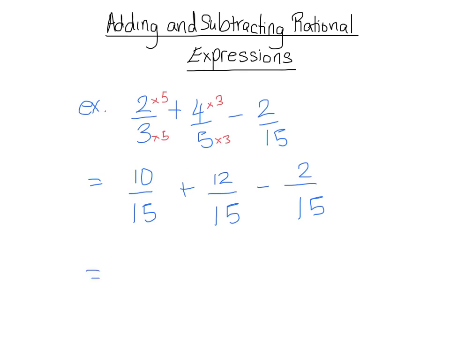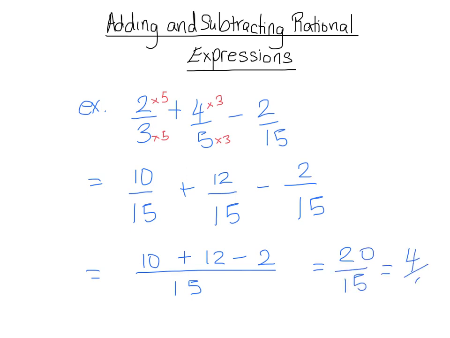At this point, now that we have everything over 15, we can just have everything over one nice, beautiful, big 15. And it's really 10 plus 12 minus 2. All I did was rewrite these numbers together, 10 plus 12 minus 2. And that should give us what we are looking for, which is 20 over 15, which can simplify to 4 over 3.